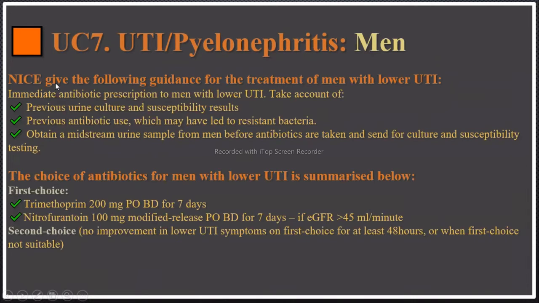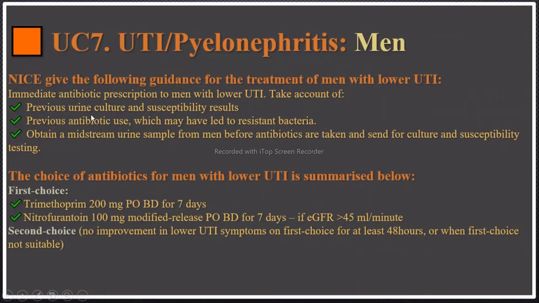NICE gives the following guidance for treatment of men with lower UTI. What does lower UTI mean? Urinary bladder and urethra, so cystitis or urethritis. Give an immediate antibiotic prescription to men with lower UTI, taking account of previous urine culture and susceptibility results.